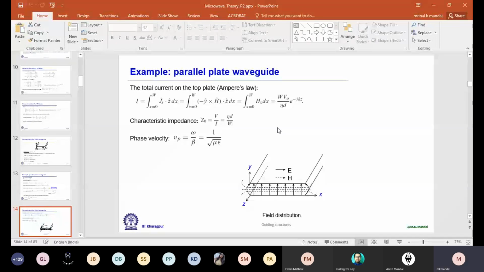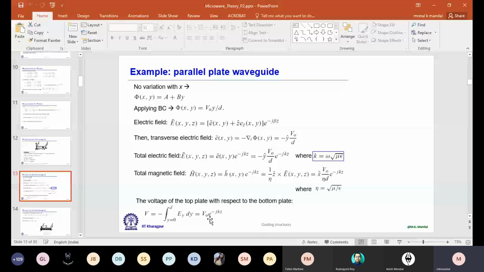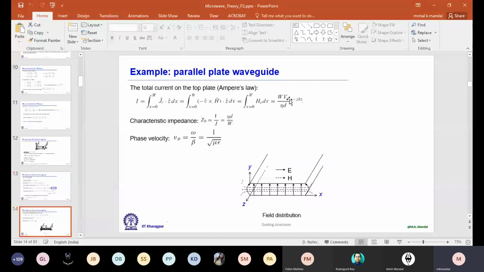So we can define current and voltage at any given z on any cross-sectional plane. Since we can calculate voltage and current, we can define the characteristic impedance. It is simply voltage by current. The voltage we calculated is V naught e to the power minus j k z, and the current is this. Dividing, we get eta d by w.